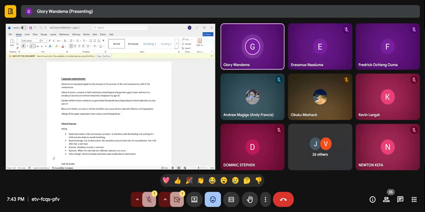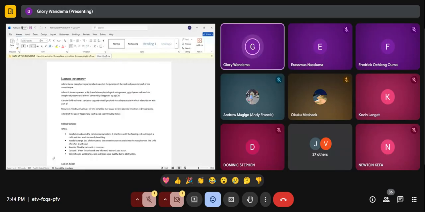So these children present in different ways. And the most common one is nasal obstruction. They have the nasal symptoms, they can have the ear symptoms, then they can have the general symptoms. So the nasal symptoms, the most common one is nasal obstruction.